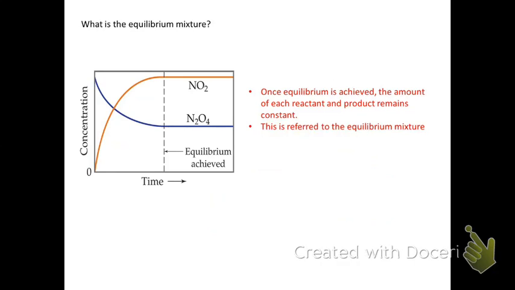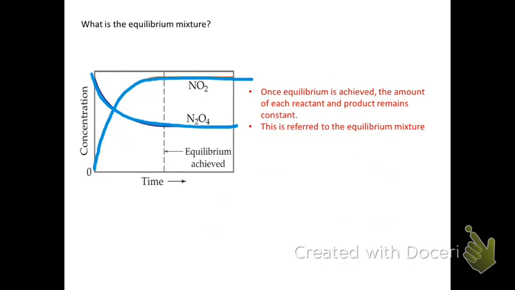Our reactant concentration is going to decrease over time until it becomes a constant. Eventually, it's not going to change anymore. And so the concentration of our reactant is going to stay constant and not change. Same thing with our product. Notice our product concentration is increasing, and all of a sudden it levels out and does not change.